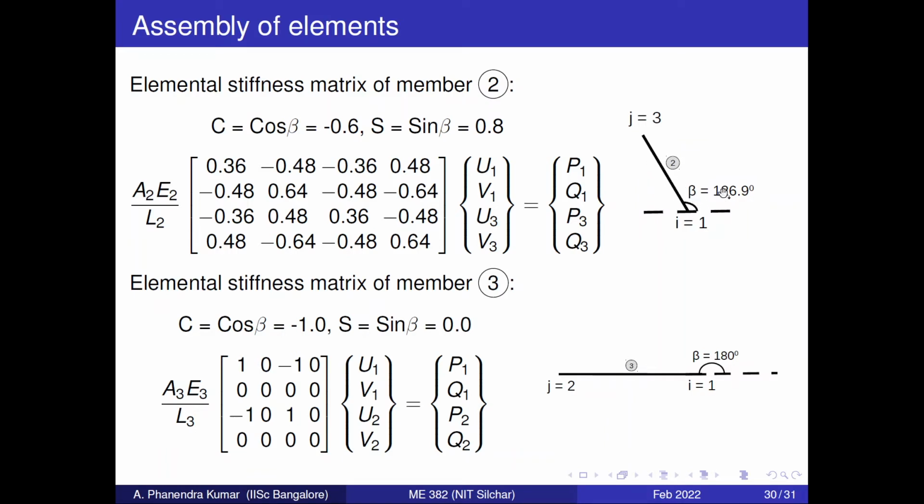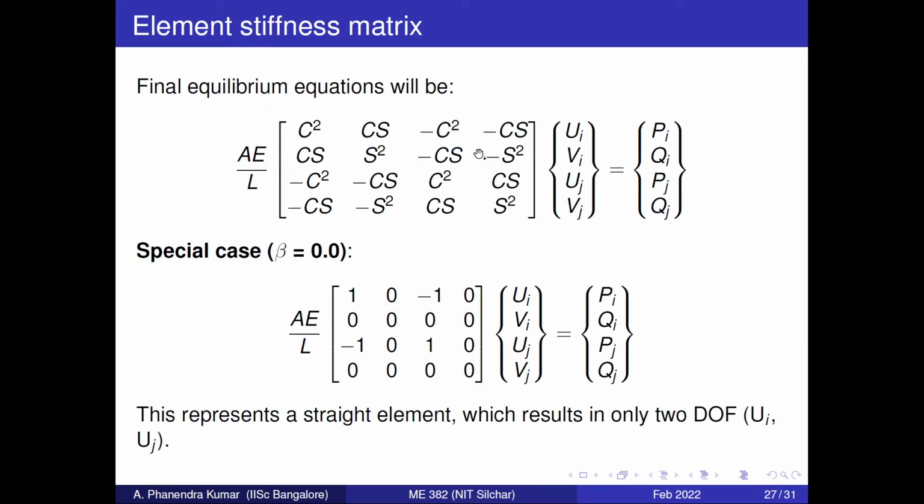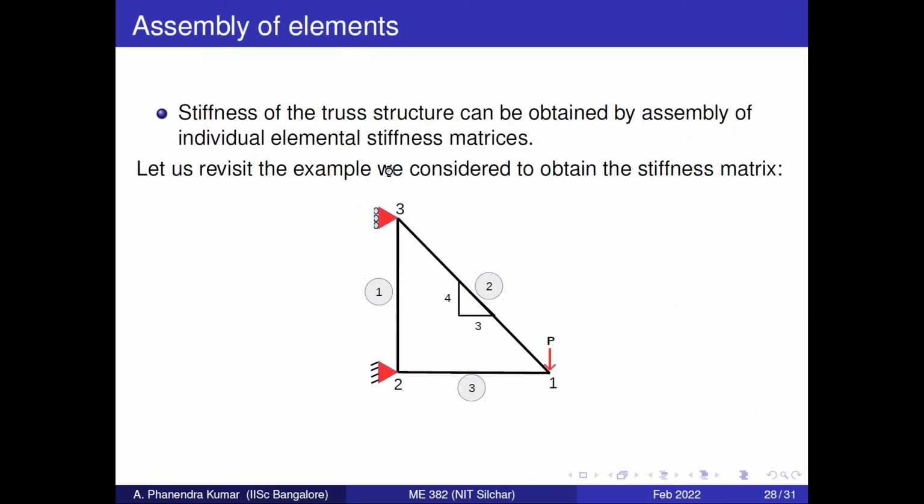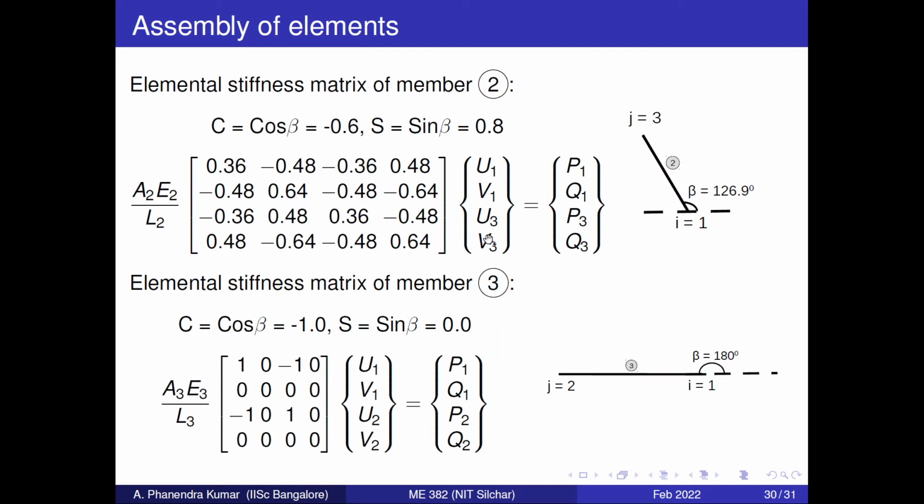So beta will be 180 degrees minus theta, which comes out to be 126.9 degrees. You can check it in your calculator. So beta will be 126.9 degrees. Corresponding cos beta and sin beta will be evaluated, and using the same formulation which we have derived, we will write the final equilibrium equations.